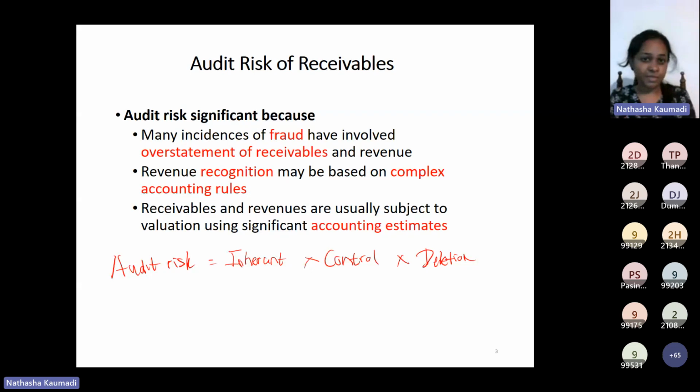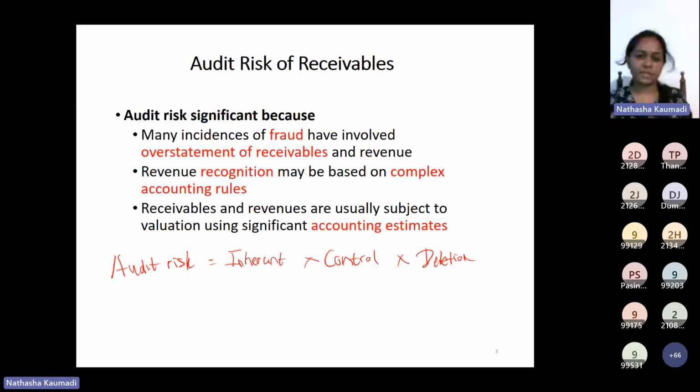The risk of the internal controls not operating effectively, failing to prevent, detect and correct material misstatements. Detection risk means the auditor is doing different audit procedures, and those audit procedures fail to detect material misstatements. That is the detection risk.